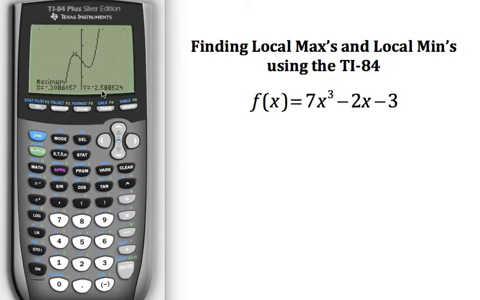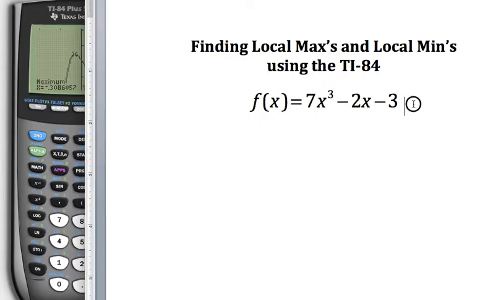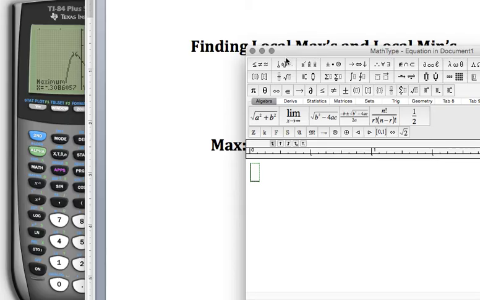Depending on how you're being asked to identify this, if you're identifying the local maximum point, you would write it as an ordered pair. So let's come over here and do that. If I enter this as an ordered pair, the x value was negative 0.31. I'm going to go out 2 places.